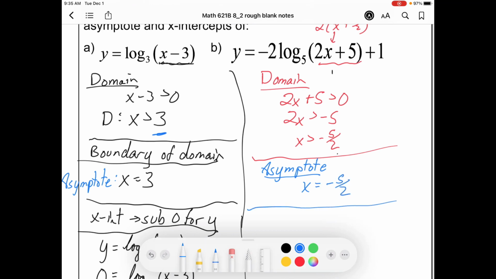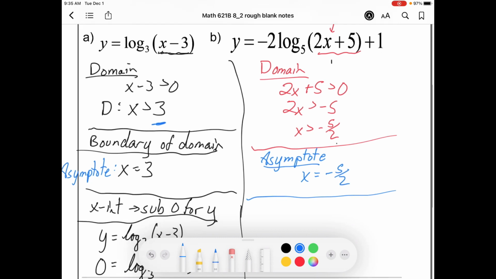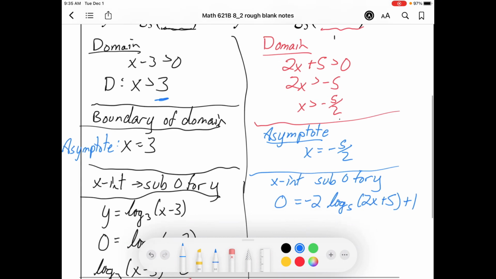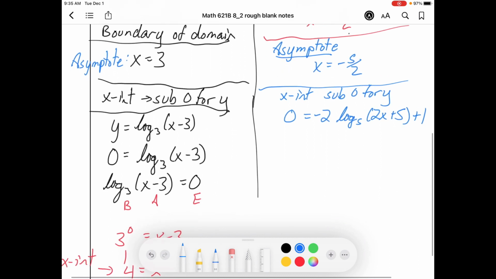And lastly, if we want the x-intercept, we sub in 0 for y. So I'll start by just doing that. I'll put in 0 equals negative 2 log base 5 of 2x plus 5, plus 1. And that is a log equation. We can solve it, and it's not particularly rough.